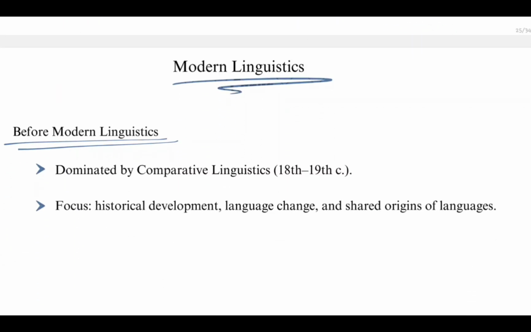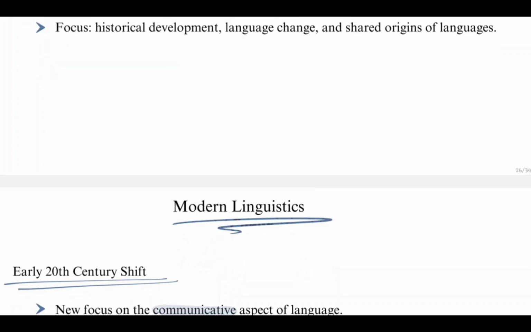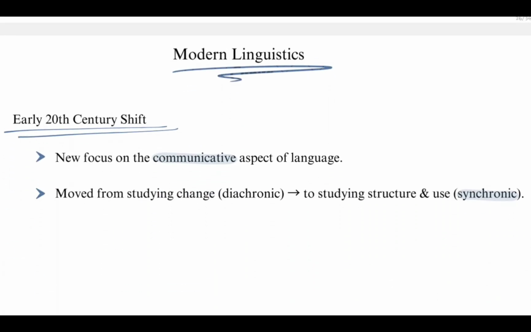So again, before the emergence of modern linguistics, we stated that comparative linguistics dominated the field and that the focus was purely historical, tackling what? The shared origins of languages. The new focus now is on the communicative aspect of language.